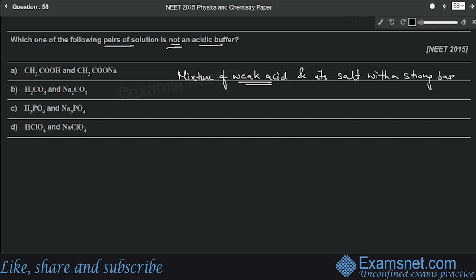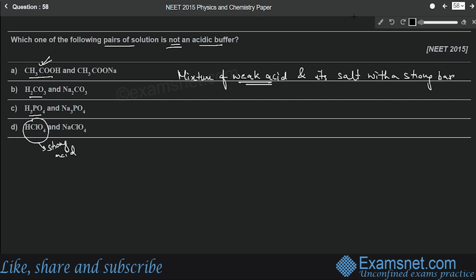Okay, and if you look at the options, you can see that the first three acids that are given here, acetic acid CH3COOH, second one is H2CO3 and the third one is H3PO4. All these are weak acids, whereas the last one, that means HClO4, is a strong acid.